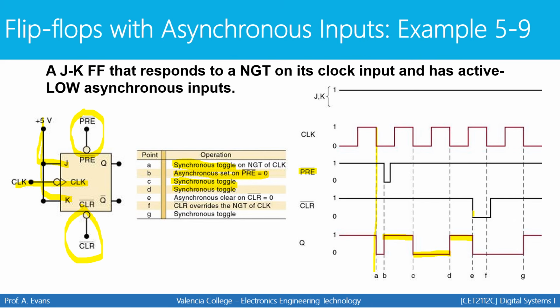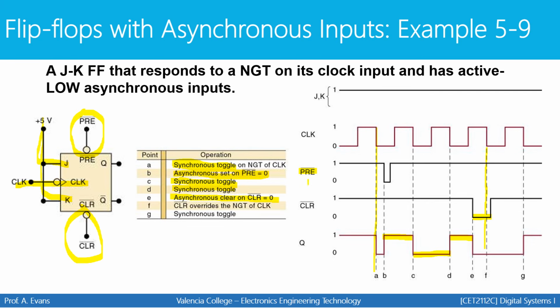Take a look at point E. Before the next negative transition occurs, we have a clear input that has been activated. Active low. That signal has gone low. That means we're going to force the output of the flip-flop to go low. Keep in mind that when the next negative transition occurs, it occurs while clear is still low.